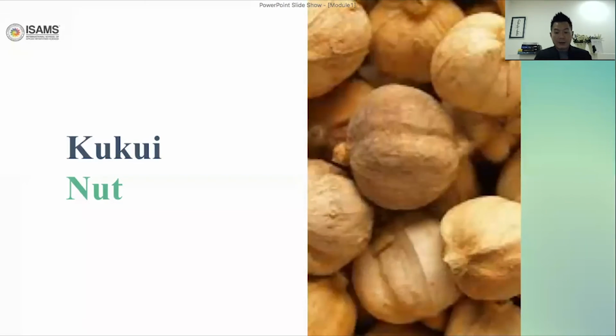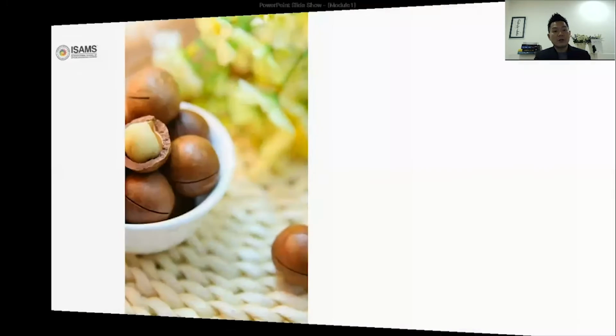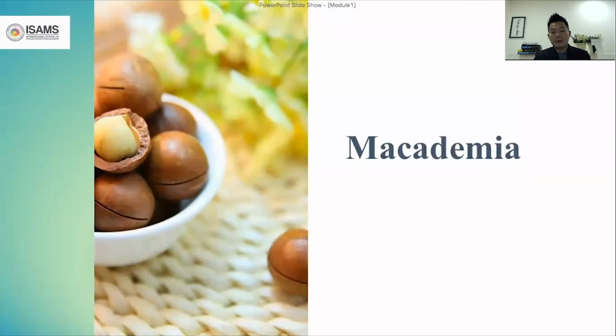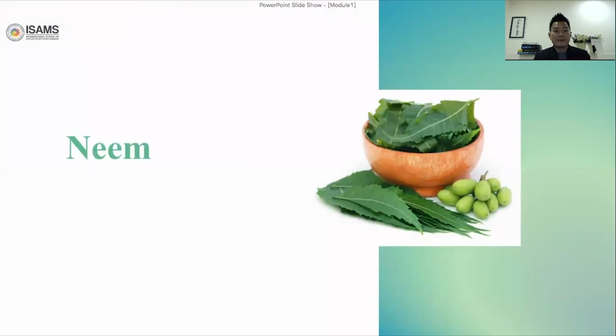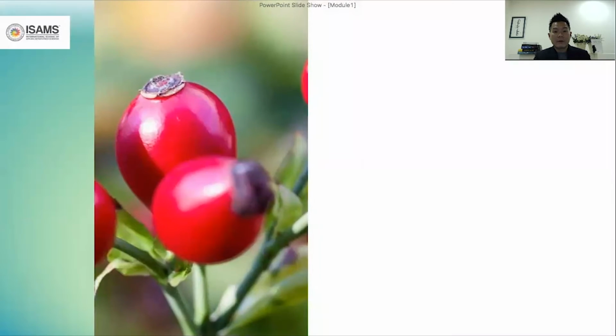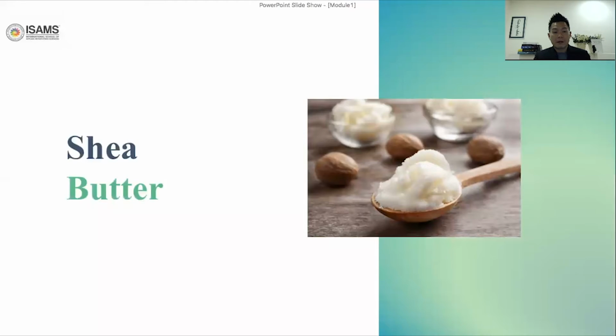There is a long list of specialty oil. Here, you got macadamia, you have neem oil, you have rosehip, you got shea butter. Shea butter is a very common specialty oil to make the skin soft.